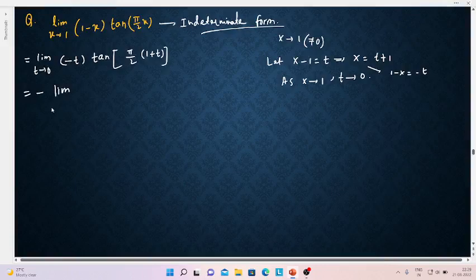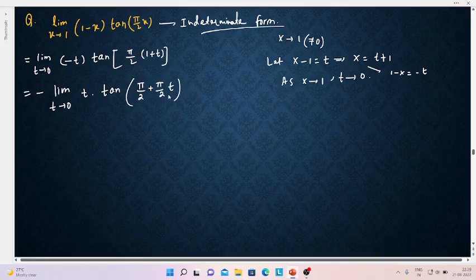So it will become negative limit t tends to 0, t times tan, it will be pi by 2 plus pi by 2 t, right? So now you can observe that on the first quadrant, second quadrant, third quadrant, fourth quadrant, pi by 2 plus pi by 2t is nothing but in the second quadrant, and in the second quadrant tan pi by 2 plus theta will be minus cot theta, right?